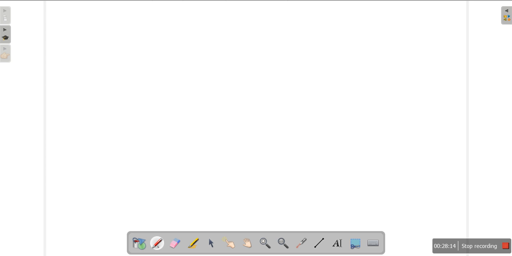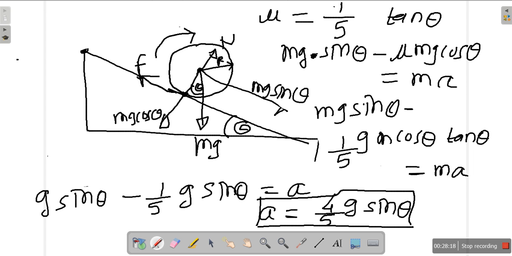Let us again get the values of omega and A on the screen. A is 4 by 5 g sine theta.